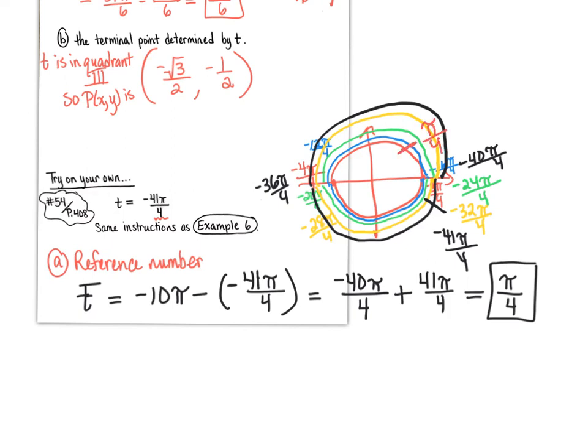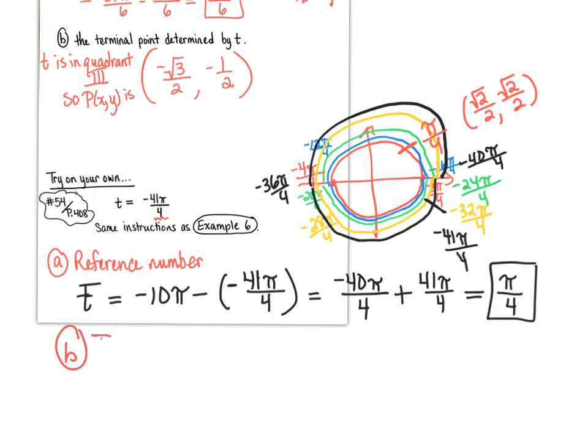And the point corresponding to pi over 4 is what? Square root 2 over 2, comma, square root 2 over 2. Good. So this is why we say this is our reference number, because we're going to take this point and move that point here. And when we move that point to quadrant 4, what does it become?